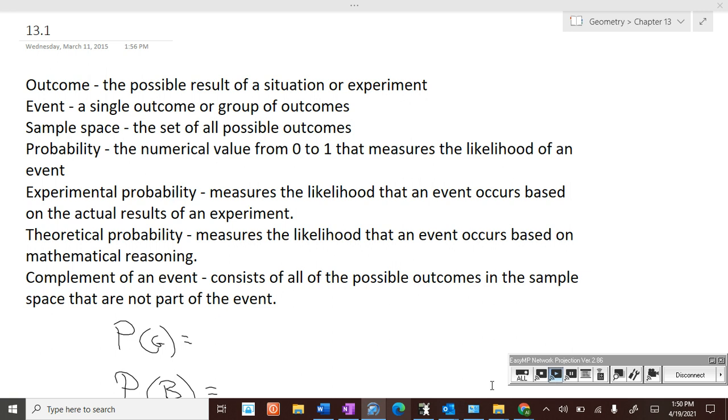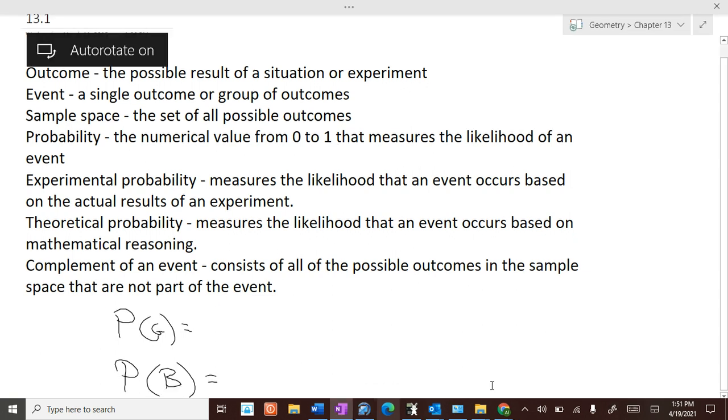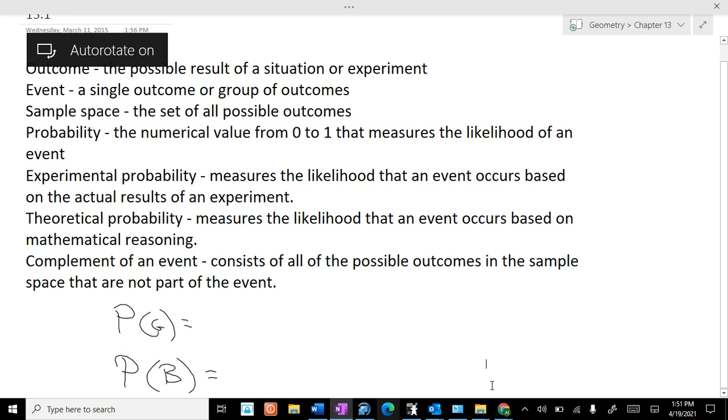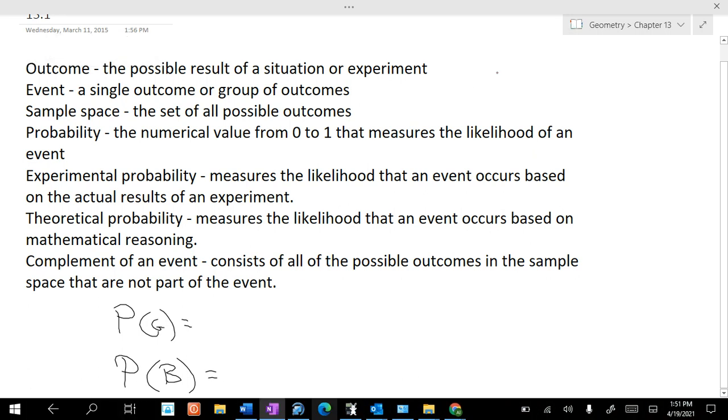Okay, so let's look at the sample space once. I'll show you what a sample space looks like. Let's say we toss a coin twice. The first time, it's either heads or tails. The second time, it's either heads or tails, right?